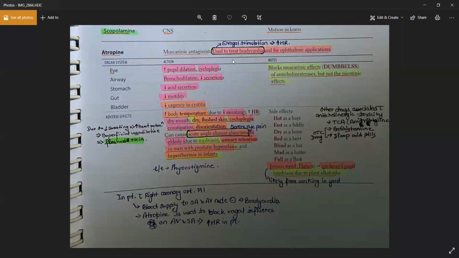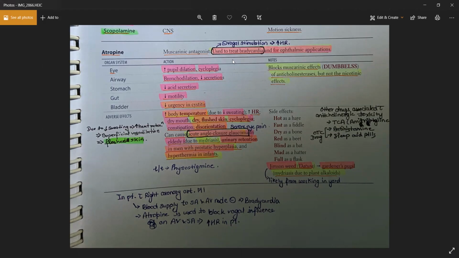In case of sweating, because the muscarinic receptors are present in the sweat glands, you will get dryness. You will get an increase in body temperature because of loss of sweating, and once the sweating is lost and the body temperature is increased, the parasympathetic system will be activated in the body, and it will dilate the blood vessels in the peripheral regions, right?